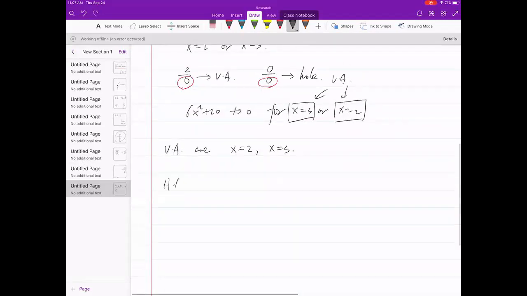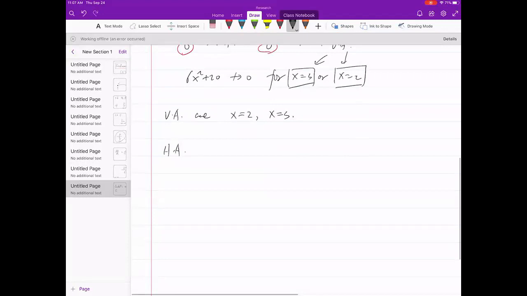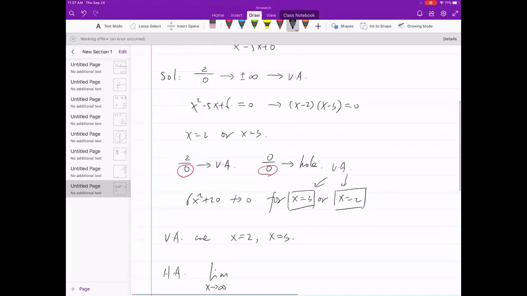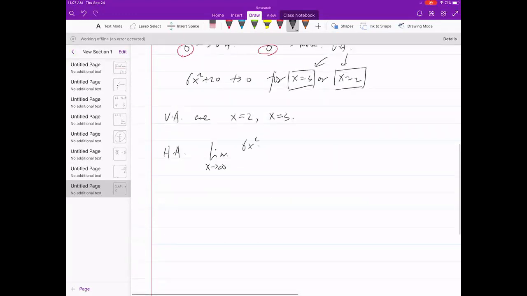All right. Now for the horizontal asymptote, we had this before, right? Horizontal asymptote is what happens at infinity and negative infinity. That's why we have at the most 2. So you just need to check this, and this.